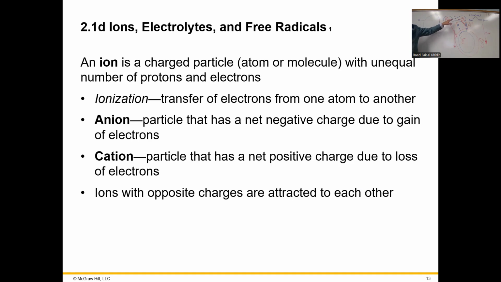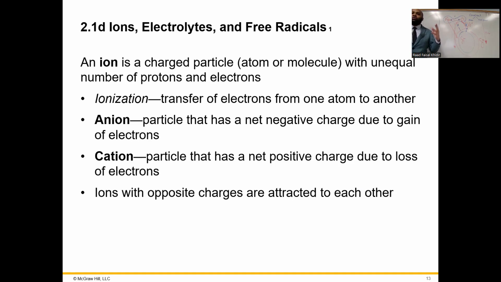This initial bond, NaCl, was not a covalent bond. That was an ionic bond because the sodium gave chloride an electron, but it didn't get anything back. Do you understand me? An example of a polar covalent bond is water.